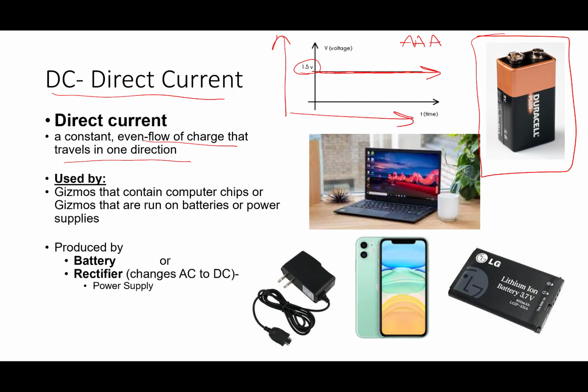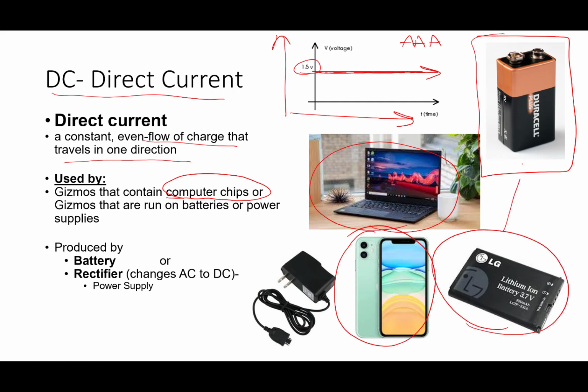Not all devices use DC or AC. They're very, very different kinds of current, and they can be used in different places. DC current is typically used by electronics or computer chips. So you're going to use DC current any place that will be battery powered or can be battery powered. Your cell phone, your laptop, anything that's got a rechargeable battery, or anything that takes an electrochemical battery or cell.